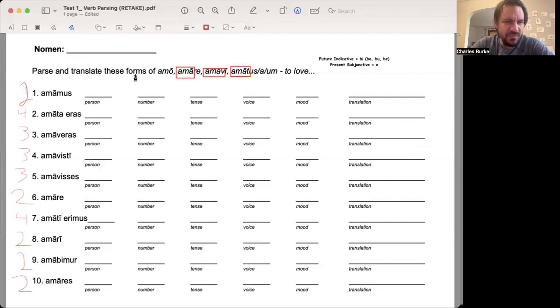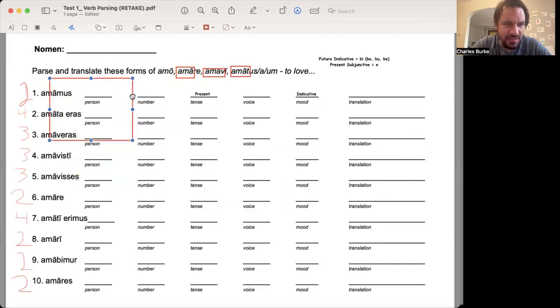So, amamus. I know that it is either the present, imperfect, or future. In the absence of ba or bi, or really any other tense marker, that makes it the present indicative. The reason I know this is present indicative really comes down to it kept the A and it didn't get anything else.